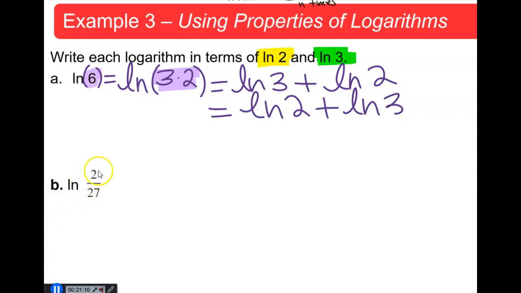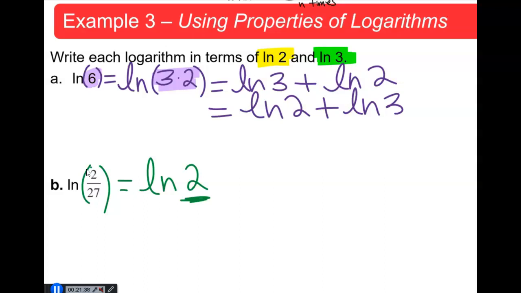Okay, for the next one, we are going to use the quotient property. So we have the natural log of 2 over 27, and this will turn into the natural log of 2. You notice that sometimes we see parentheses, sometimes we don't. If you only have one term as your argument, it's fine if you don't have parentheses.